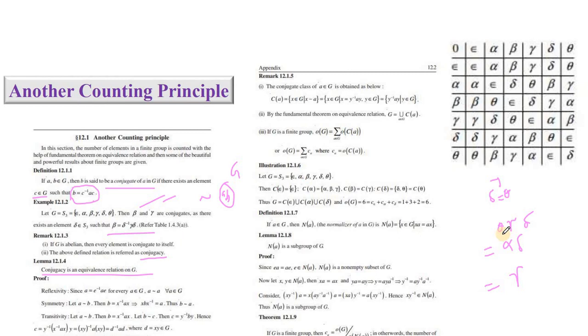So we have written theta and then theta gamma delta. Theta gamma is alpha and alpha delta is beta. That is why you can say that your beta and gamma are conjugates.